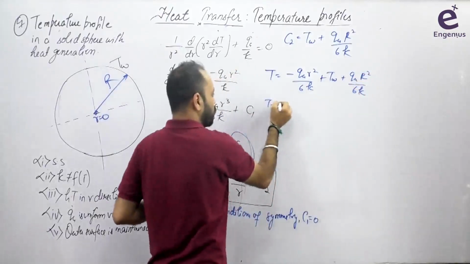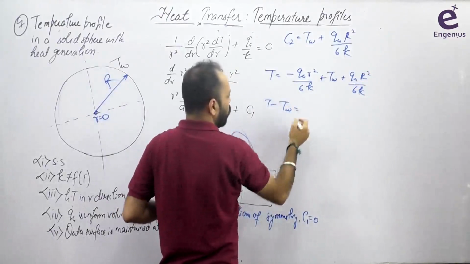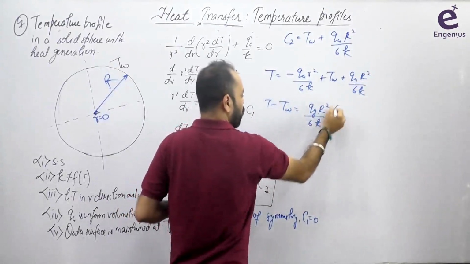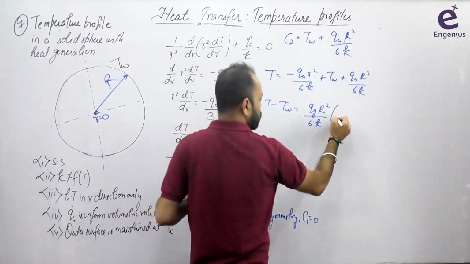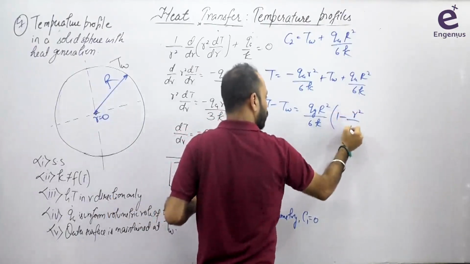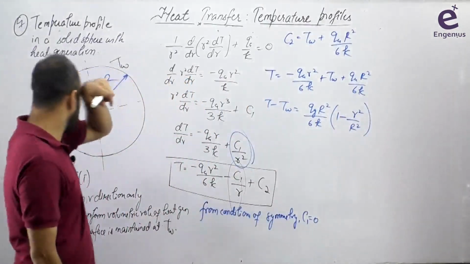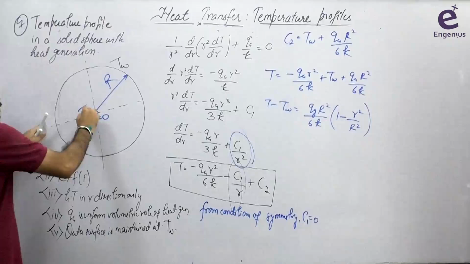So I can always write T minus TW is equal to QG capital R square by 6K into 1 minus r square by R square. Same equation, just 6K instead of 4K. And you know that when r is 0, here you will have the maximum temperature.